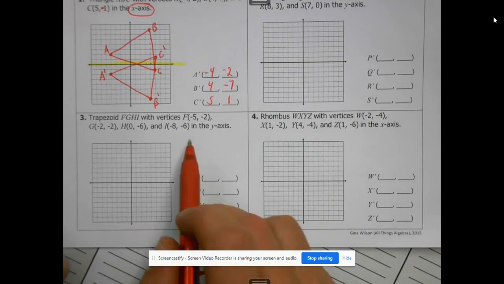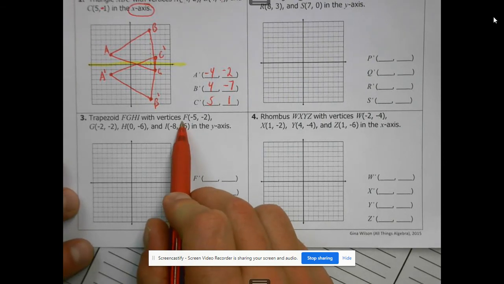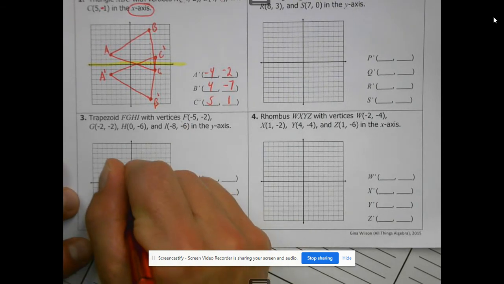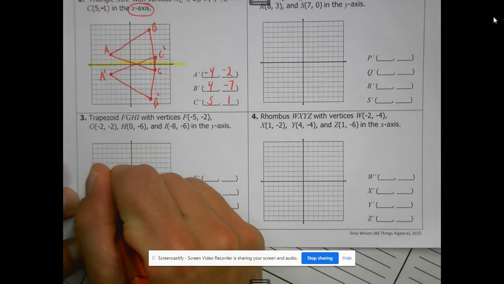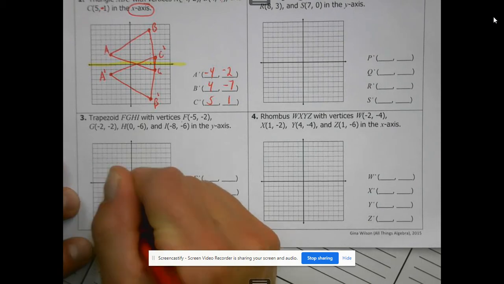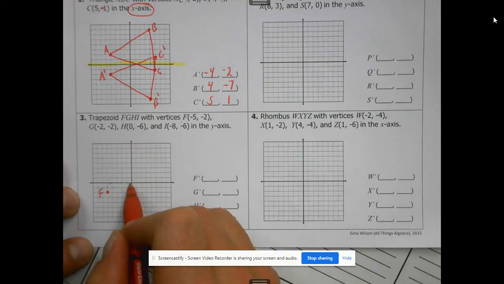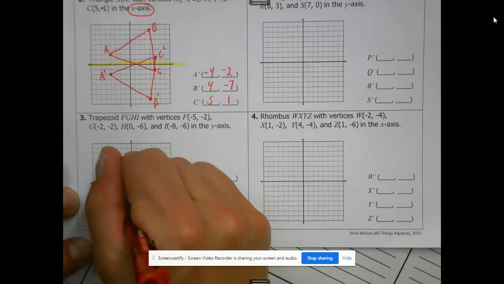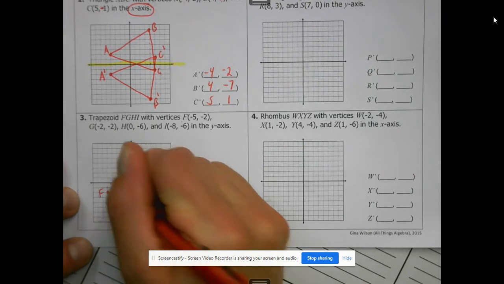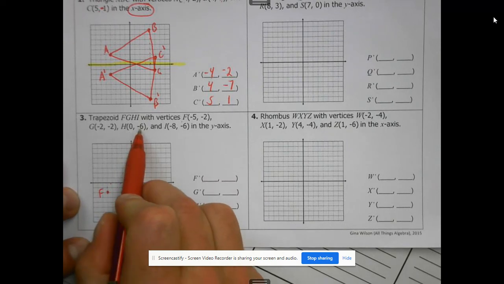First step, graph the original points. F is back 5, down 2. G is back 2, down 2. H is over 0, down 6.